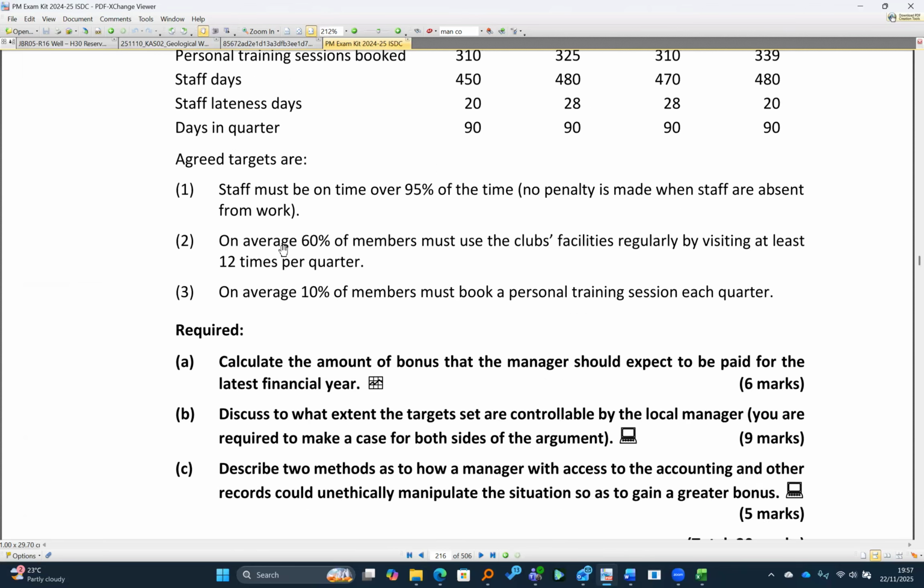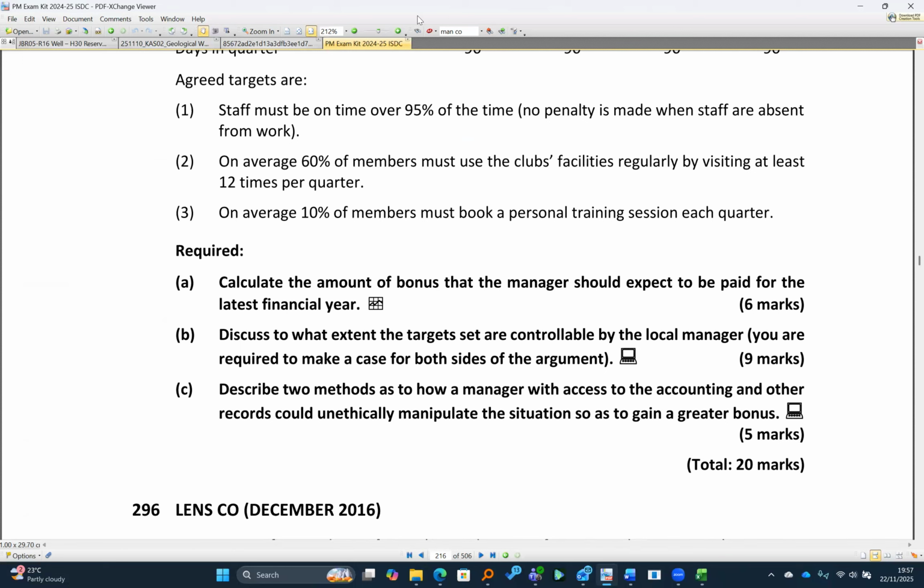So if you look at the question, they are saying calculate the amount of bonus that the manager should expect to be paid for the latest financial year, and then discuss to what extent the targets set are controllable by the local manager. So you need to make a case for both sides. So usually this one can be biased on one side.